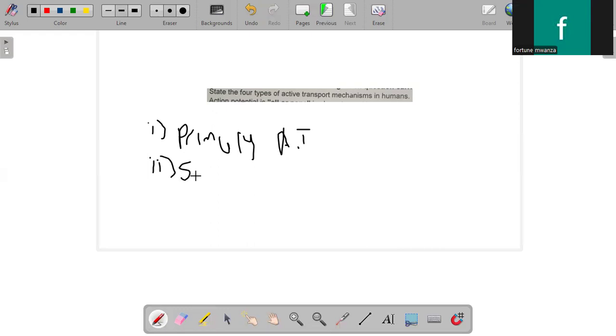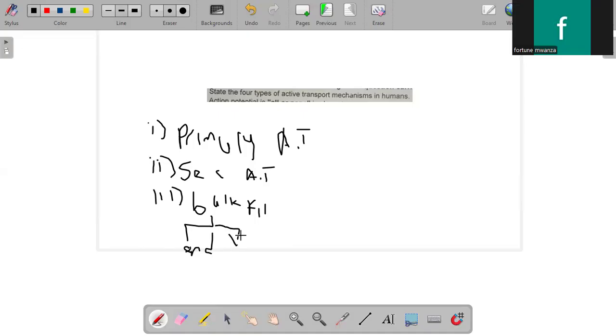Then the third one is what we call vesicular transport, or in other words, bulk transport. Under vesicular transport, you have two types: endocytosis and exocytosis.